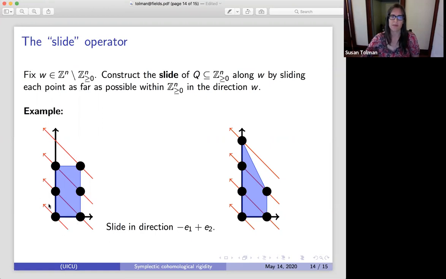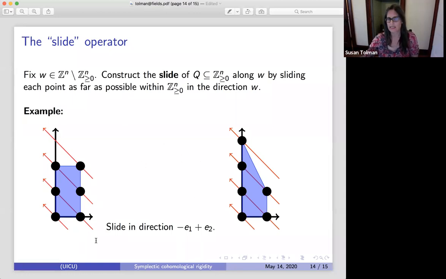So I've drawn arrows. You might take some subset Q of the positive orthant, and I can slide that set along W. And the way I do it is I slide each point as far as possible within the positive orthant in the direction W.